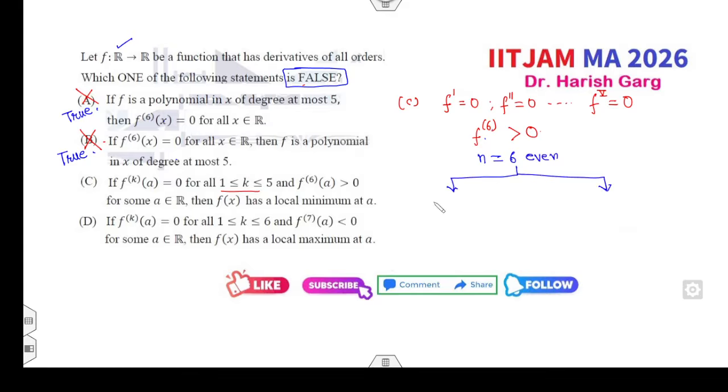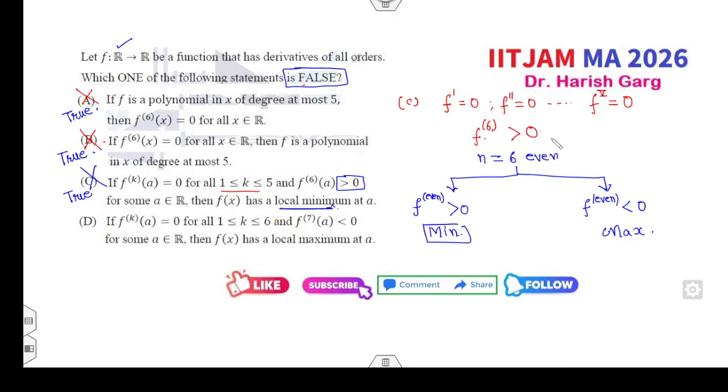Once this is even, if the even derivative is positive, then we will get the minimum point. If the even derivative is less than 0, then we will get the maximum point. So now you can see that the number is positive, so we will always get the local minimum. Yes, the third option is also the correct option.